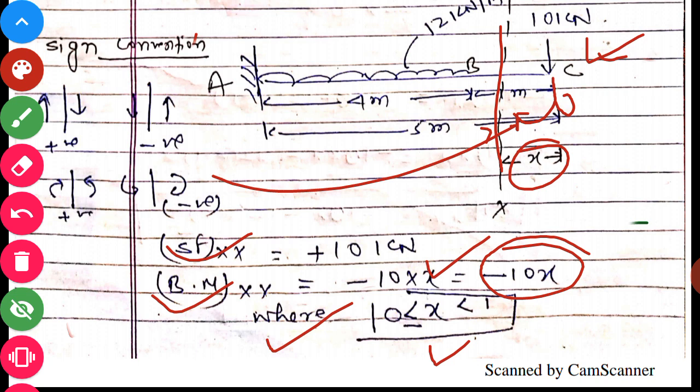We take the distance from end C, that's why this end is the 0 end, and you can say that this is the origin. Like if you have axes 0, 0, the origin is 0, 0, that is the free end. Here the distance is 0, and after that it increases from 0 to x, and where does it lie? x less than 1 and greater than or equal to 0.